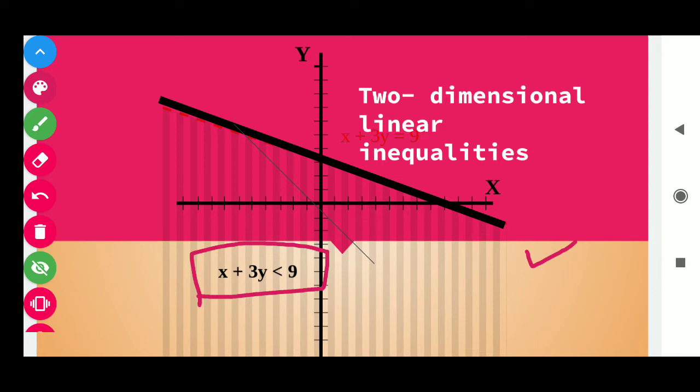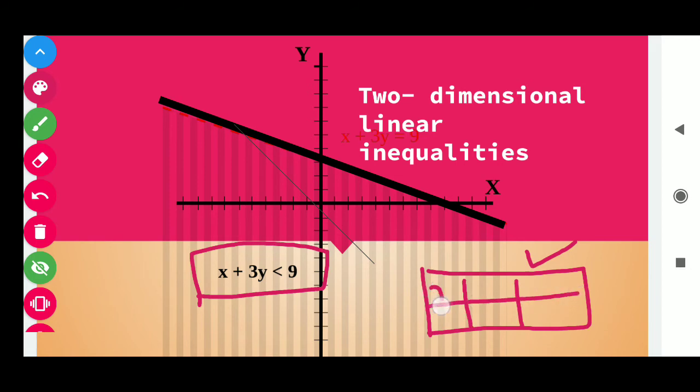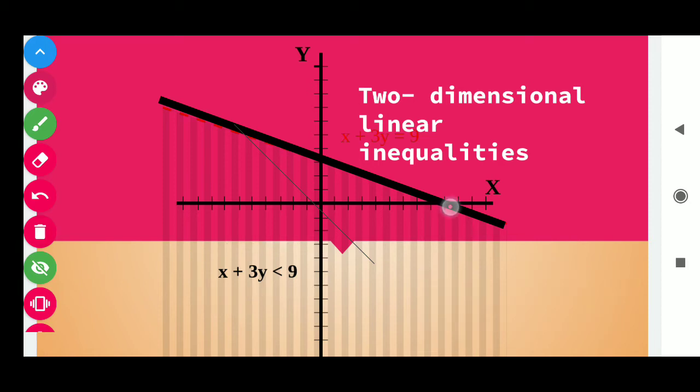By finding the 2 points by inspection, making the table that you have already done in class 10th, you will get 2 points, and by joining these 2 points you will get this line. And here you can see that x plus 3y is less than 9. In this way, the shaded region is below this line. You can see that I have shaded the region here.